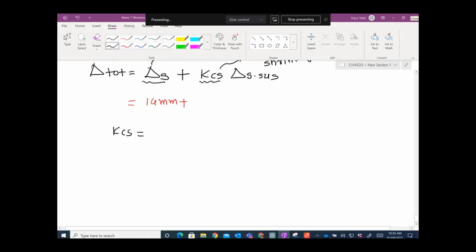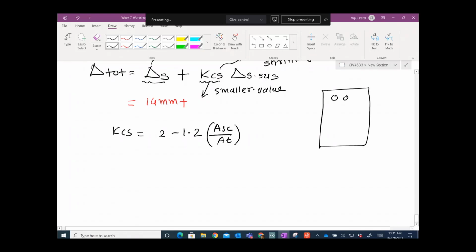Let me write that equation here: 2 minus 1.2 ASC on AST. Of course, there is one check that we need to make. Smart engineers want to use this smaller value, so they try to play with something to make it smaller.